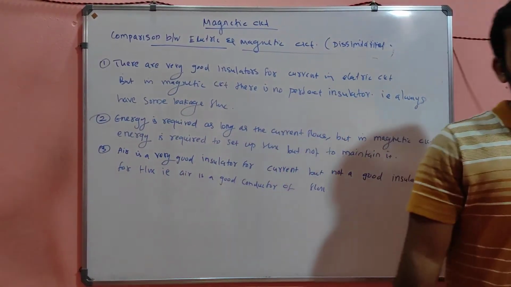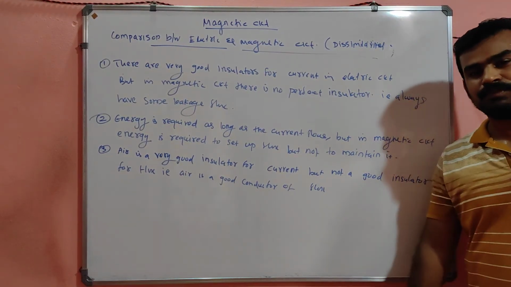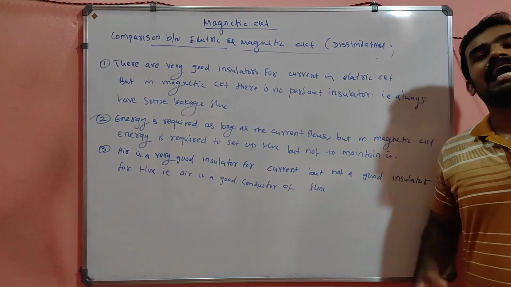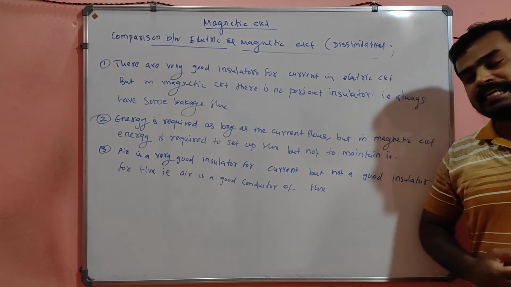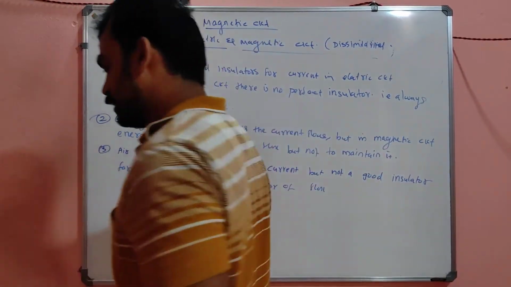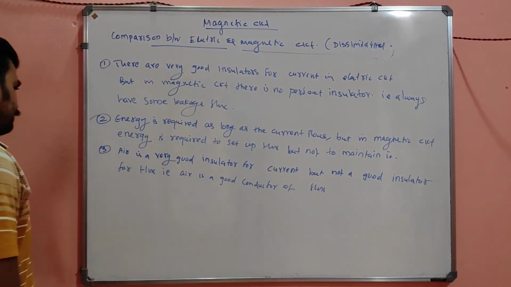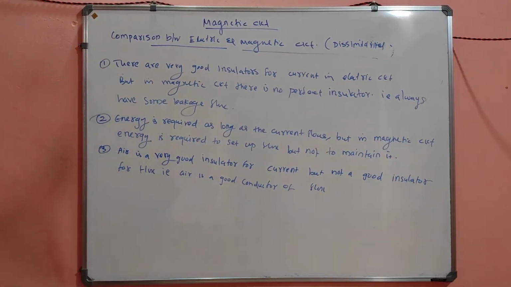But in the case of a magnetic field, my dear, magnetism is different from electricity. The magnetic flux lines can easily flow through the air. That means air is a very good conductor for magnetic flux. That is the comparison between electric and magnetic circuit.